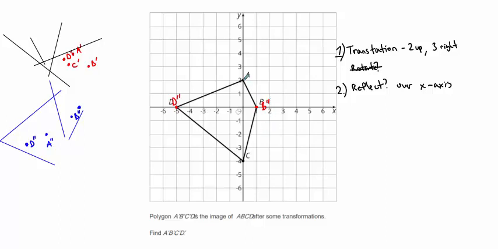A is going to be here. And C is going to be right here. Actually, it should be single prime at this point. All right. So let's draw that shape.